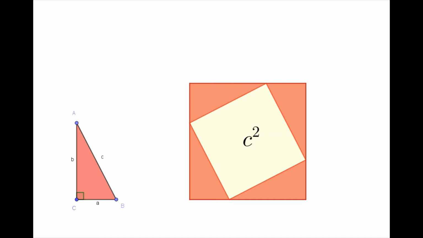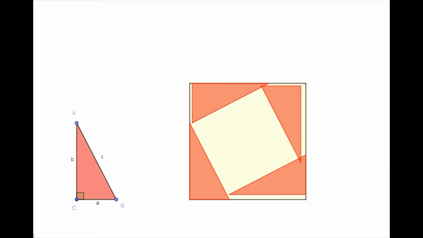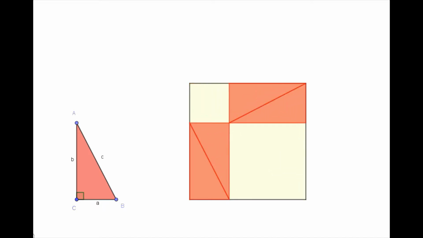So let's move those triangles around. So the part of the big square that isn't covered should be equal to the original c squared.